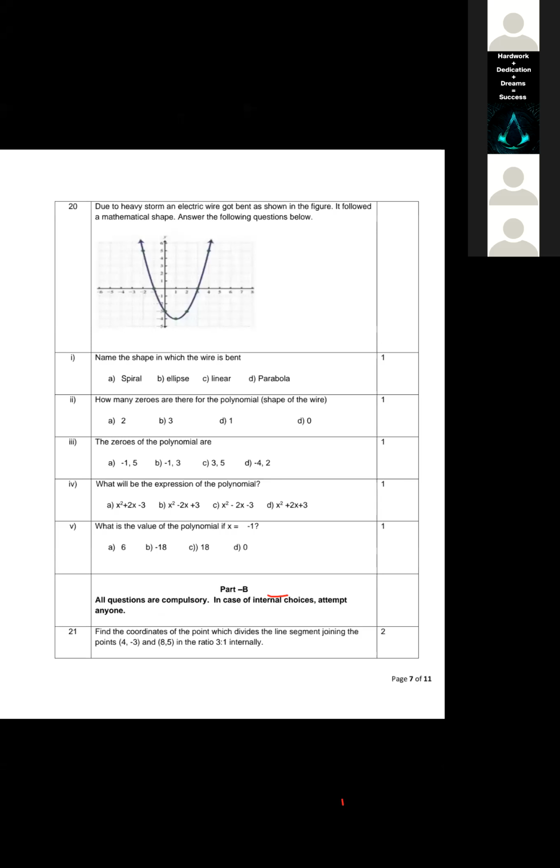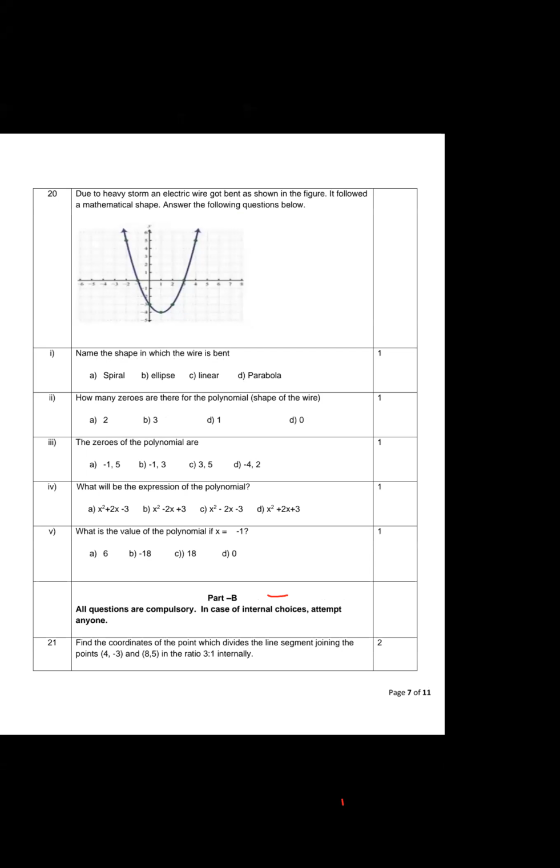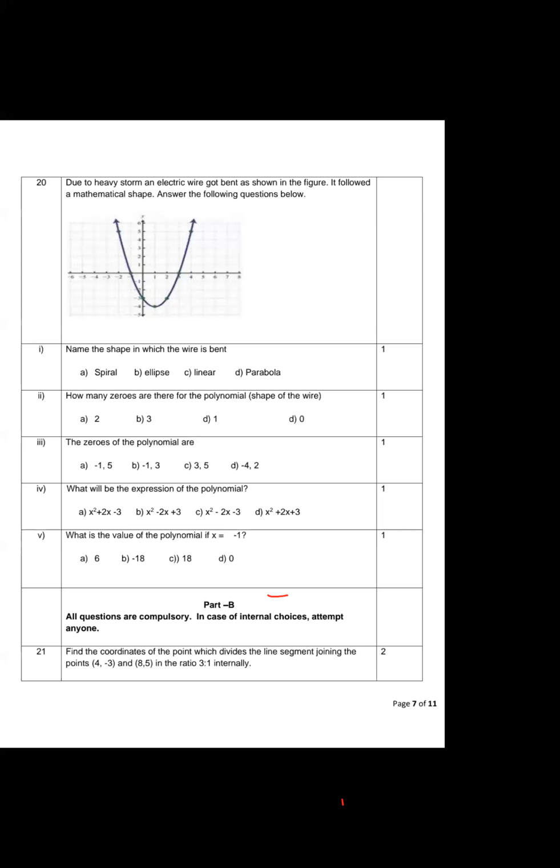Okay. Due to heavy storm, an electric wire got bent as shown in the figure. Name the shape in which the wire is bent. Parabola.